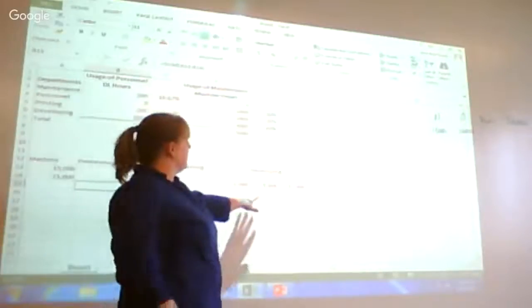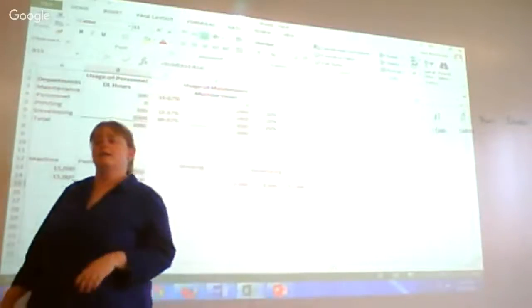So now in machine, I have no money, right? Okay, so I have 39,000 in personnel, I have 3,000 in printing, and 9,000 in developing. The 3,000 and 9,000 is not going to be touched.